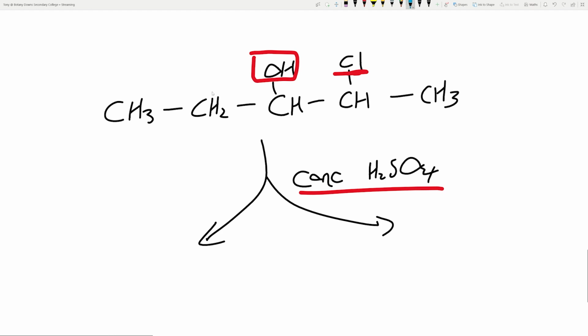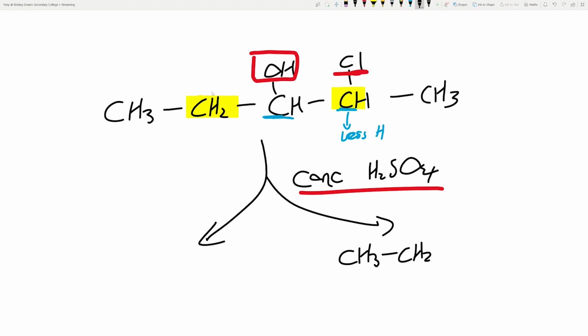So we need to look at this carbon that has the OH bond attached to it, and we need to take away a hydrogen from one of these neighboring carbons. You can already see that this carbon right here has fewer H's, so it is more likely to lose that H. So let's draw that on the right hand side, because the double bond forms on the right hand side.